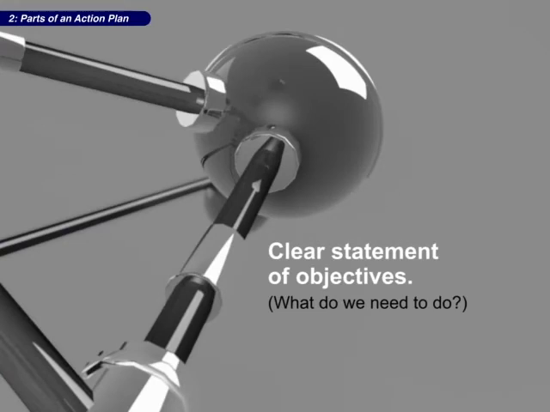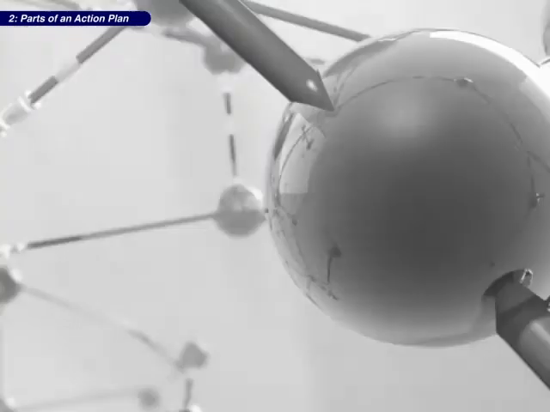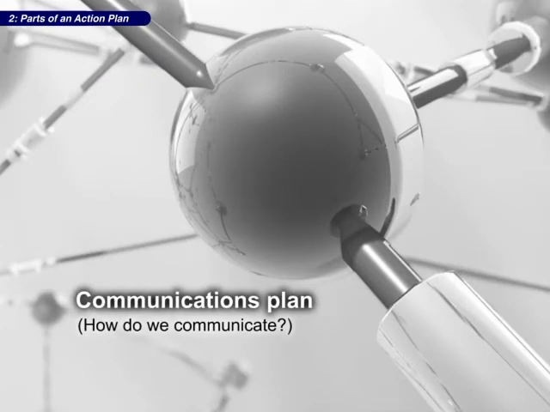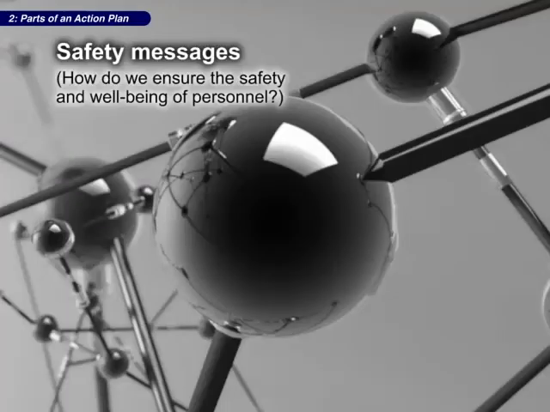What do we need to do? Assignment lists. Who will do it? Communications plan. How do we communicate? Safety messages. How do we ensure the safety and well-being of personnel?